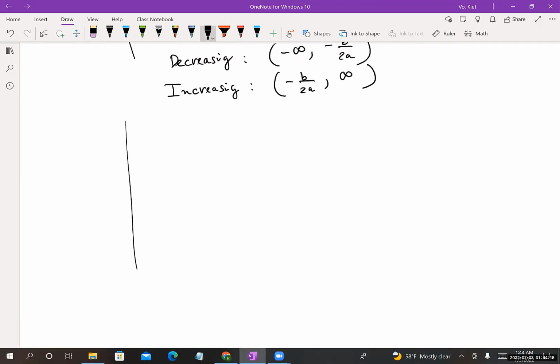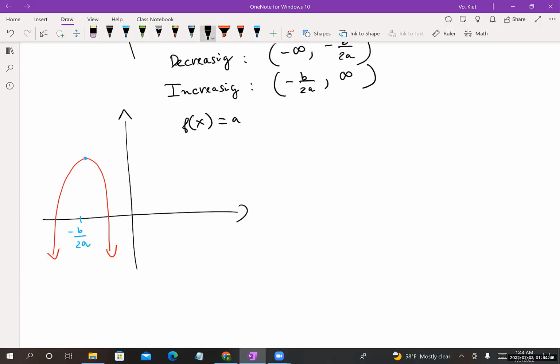Now if it opens down, okay, so let's see. Let's say it's something like this. Let me make it a little bit nicer. So here is negative b over 2a there. And again, the function is f of x equal to ax squared plus bx plus c, written in the general form.